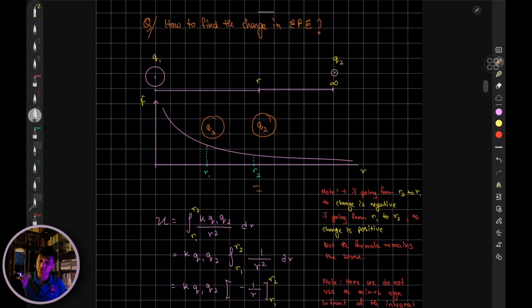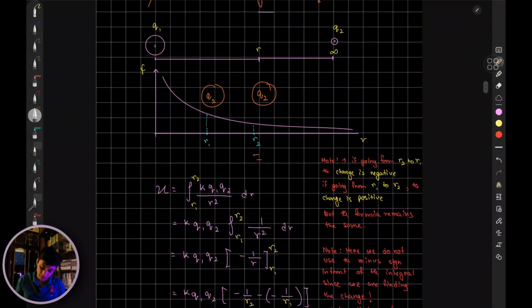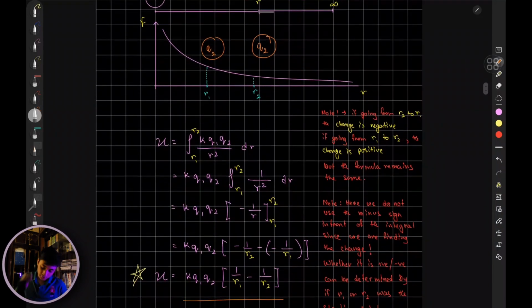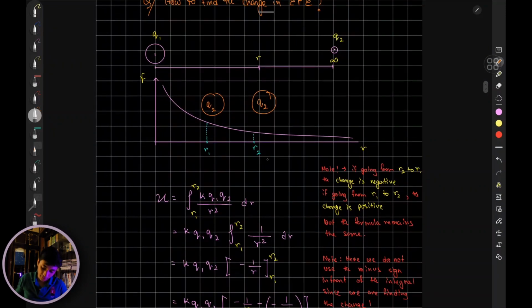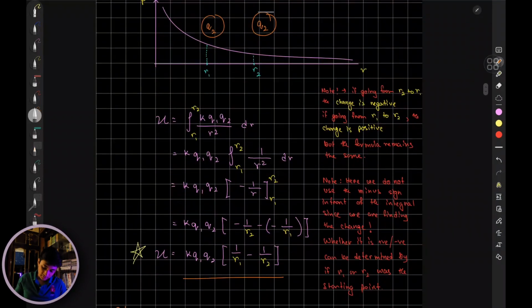What is the change in electric potential energy? Very simple. You integrate from r1 to r2. Since you're moving from r1 to r2, you're going further away. This is your force, of course, and you're going to integrate with respect to the radius.